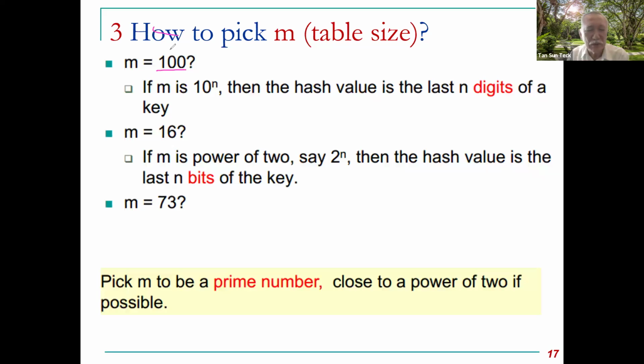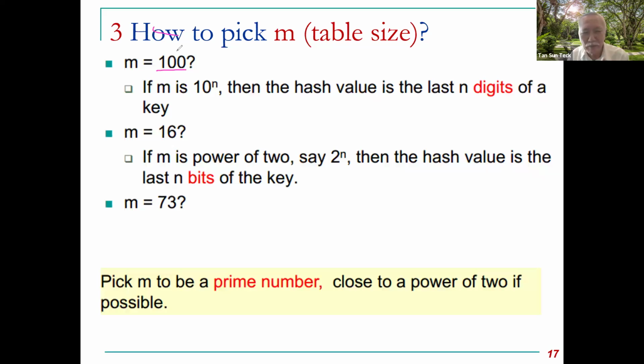What about m equal to 16? Inside the computer, all numbers are represented using binary bits, like 0, 1, 1, 0, and so on. If you divide by 16 or any power of 2, for example divide by 2, you are going to get a remainder of 0 or 1. Internally, you are getting the last binary bits.